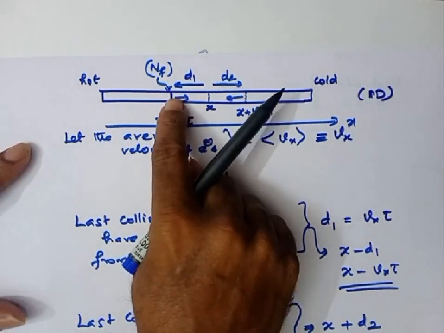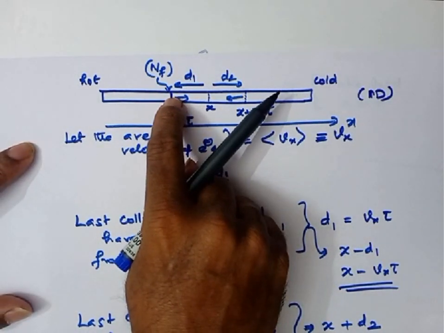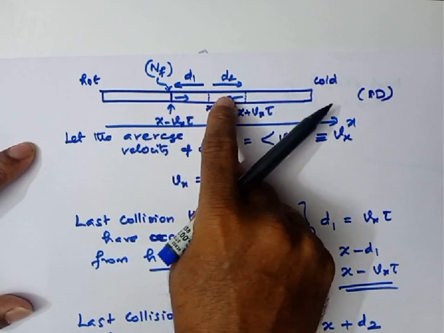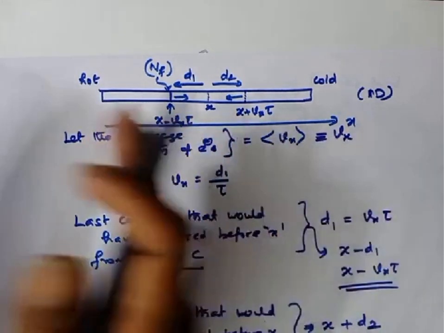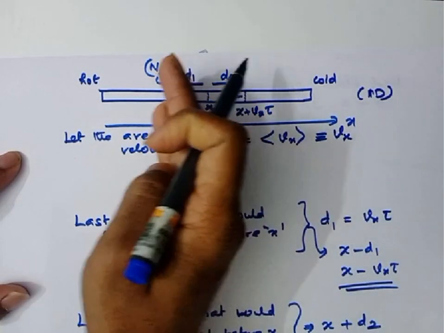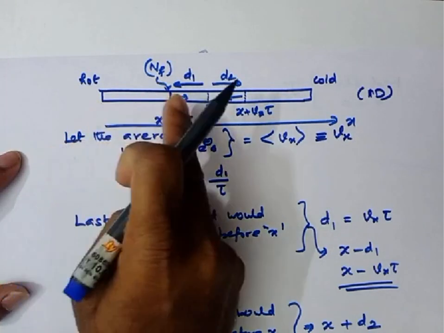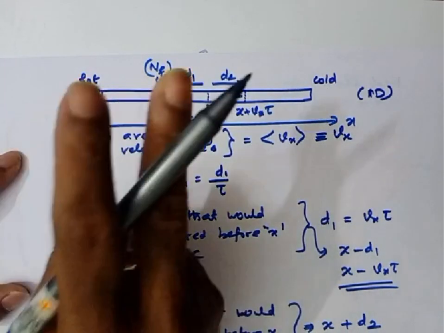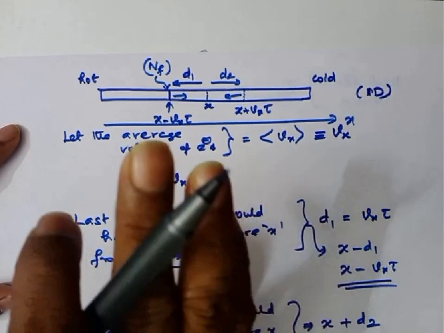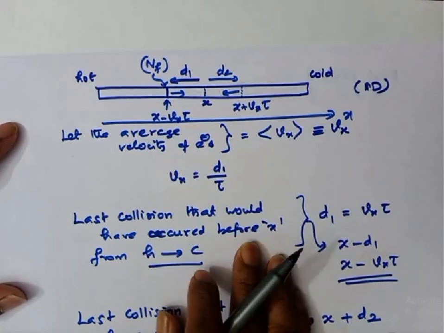So the free electrons can move from this position towards the hot end or towards the cold end. Since it is a one-dimensional solid, those are the only two possibilities.